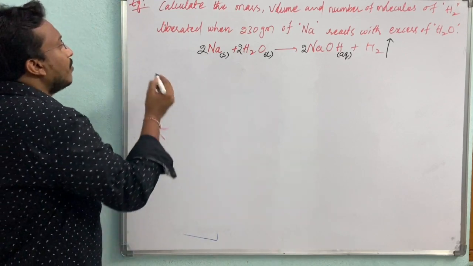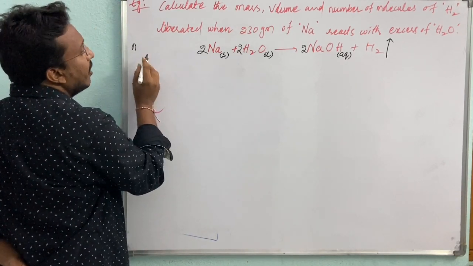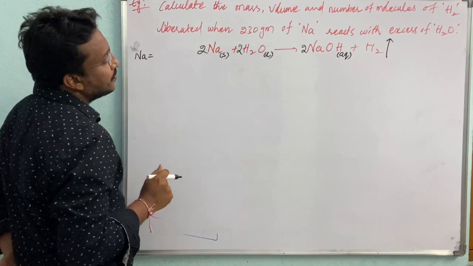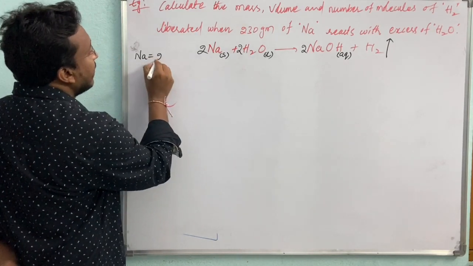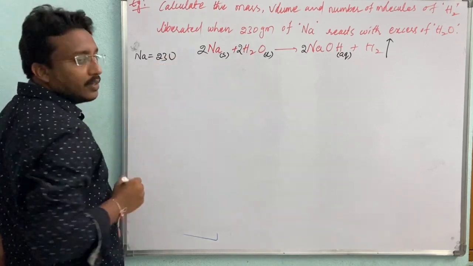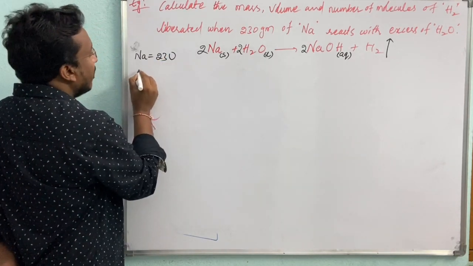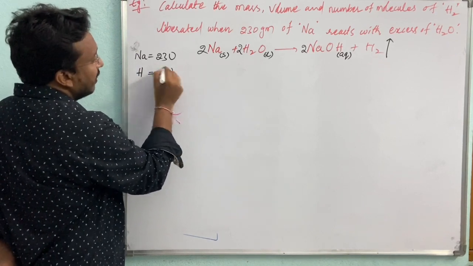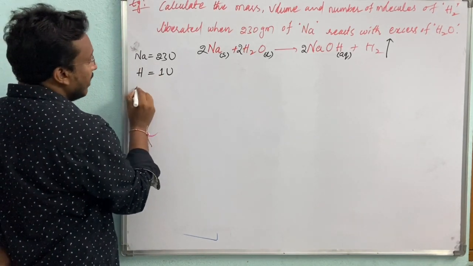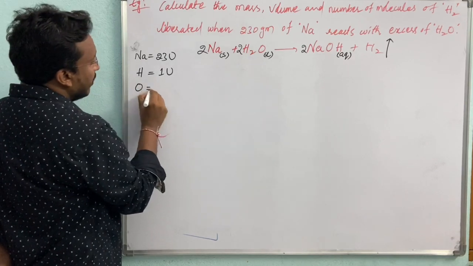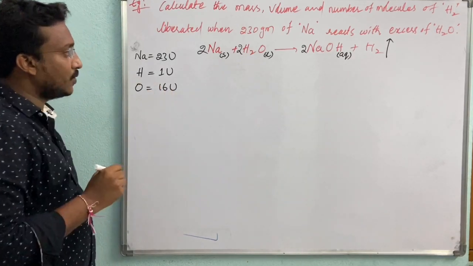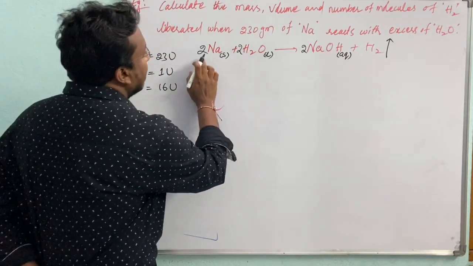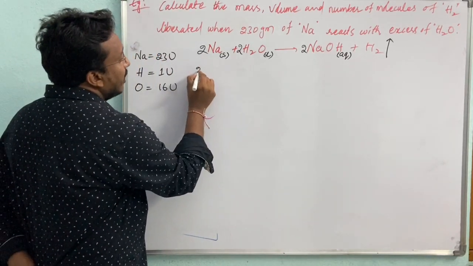We know the atomic mass of sodium is 23 u, hydrogen's atomic mass is 1, and oxygen's atomic mass is 16. Then here I am going to find the mass.